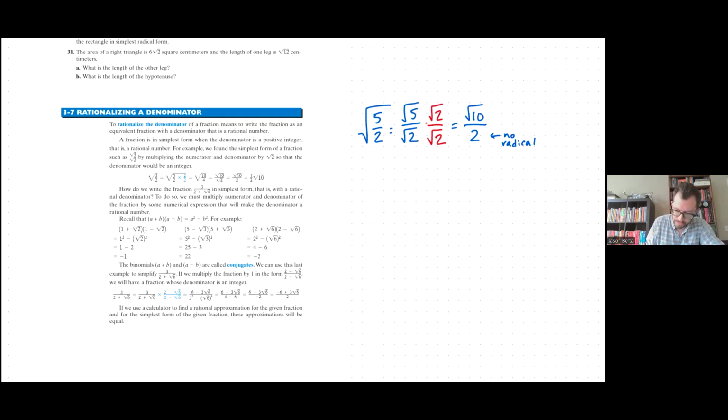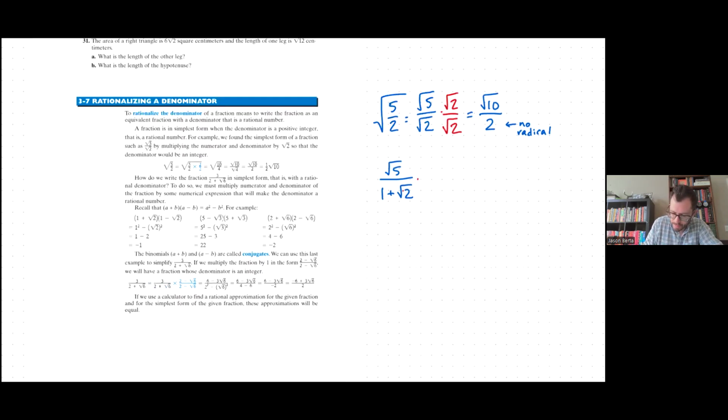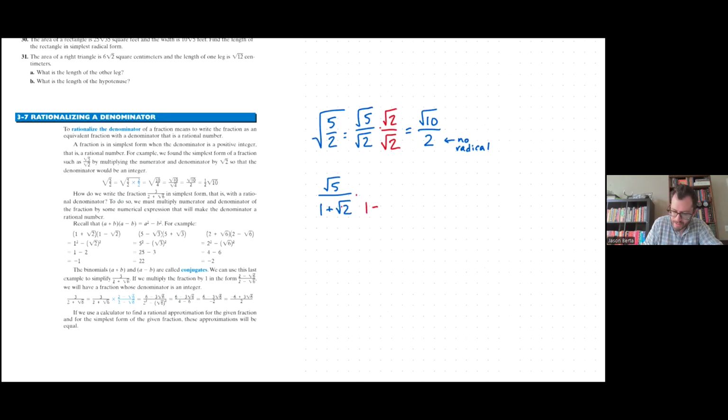But what are we going to do if we get a problem like this? Square root of 5 over 1 plus the square root of 2. Hmm. Well, your first inclination might be, oh, we can just do the same thing. Let's just multiply the top and bottom by the exact same thing. But this will actually not get rid of the radical in the denominator.